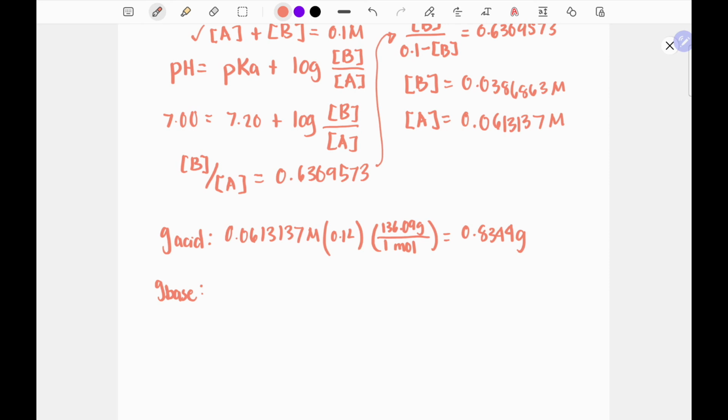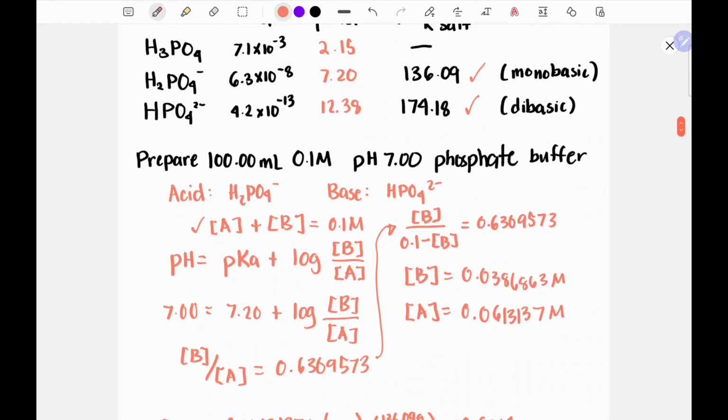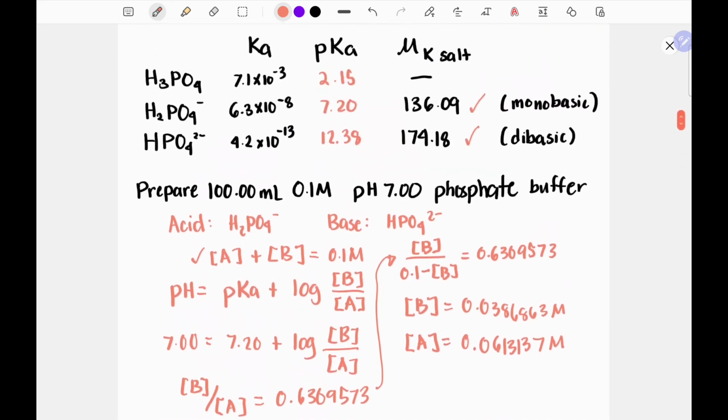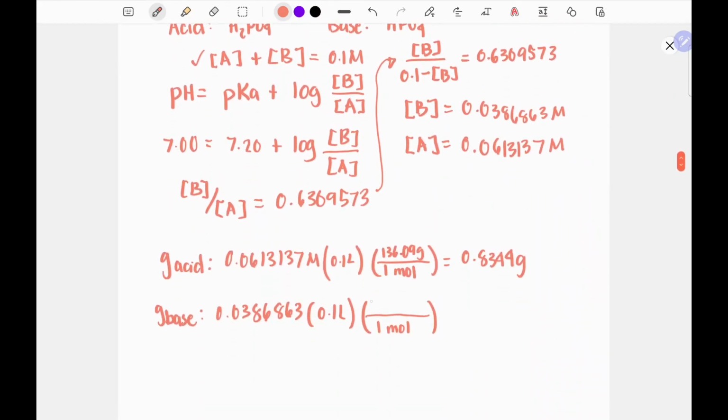The grams of base is 0.0386863 multiplied by 0.1 liter. Convert the moles of base to the molar mass of the salt, 174.18 grams.